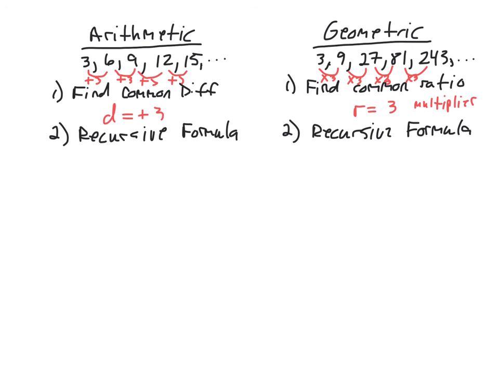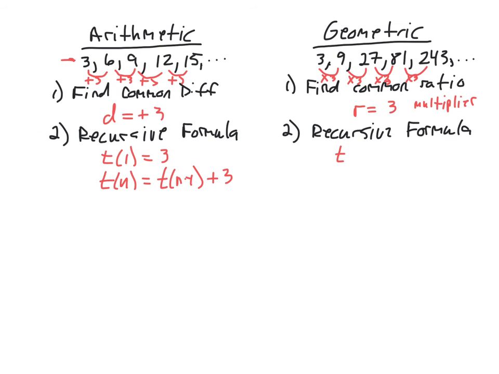And so for this one, my start value, we always default to T of 1. That's 3. It's the first term right here, 3. And then the formula always is the same. T of n equals T of n minus 1. And then in this case, I'm adding 3. Done.